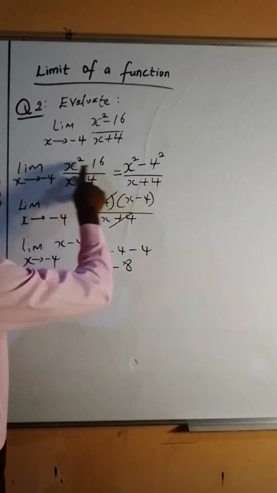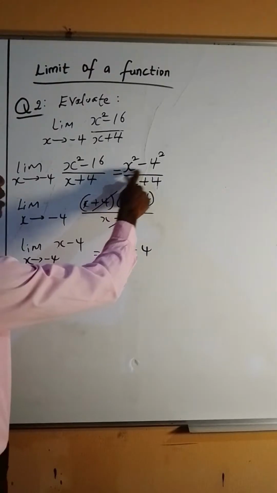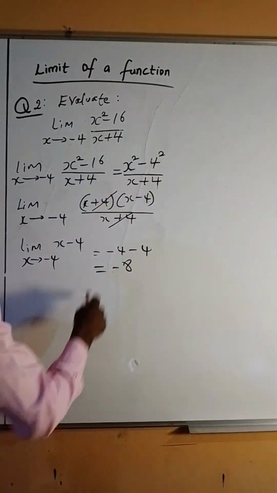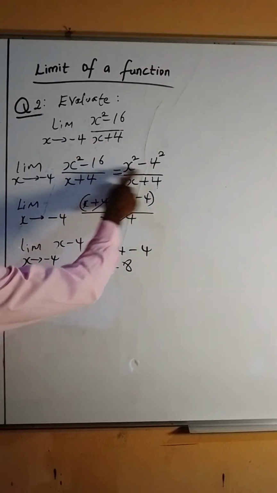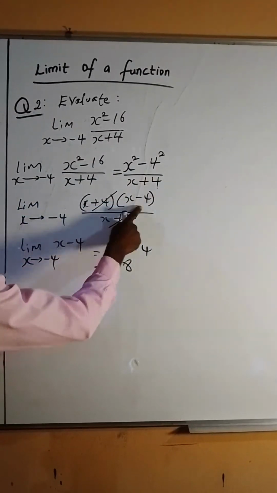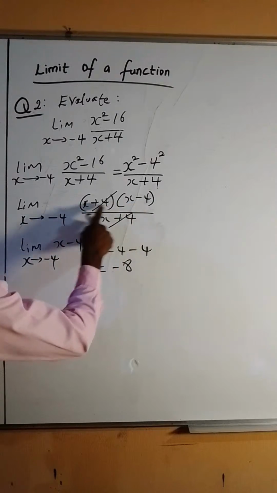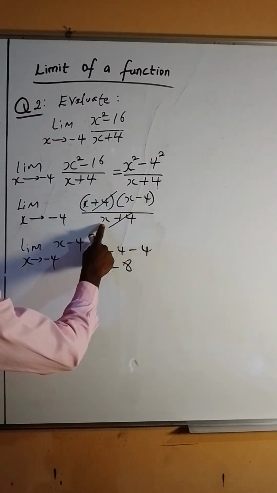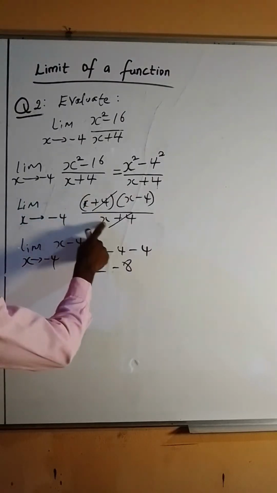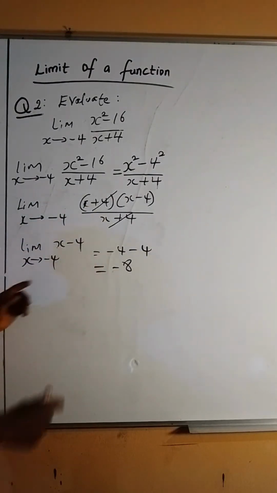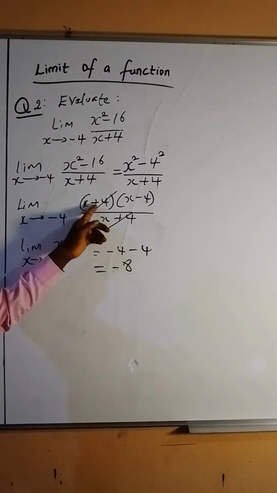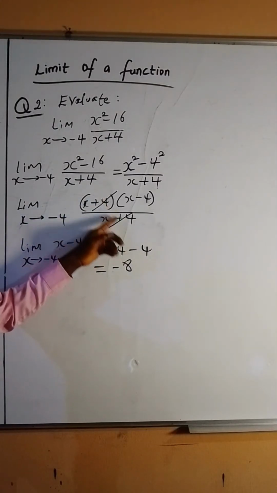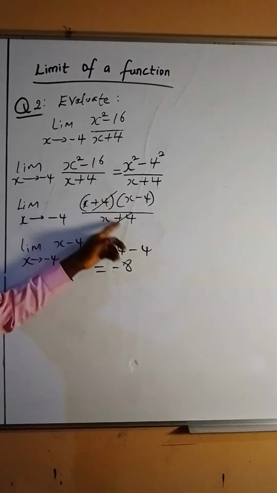Before factorizing this, we have to understand that this is a difference of two squares. You can see that 16 is 4 squared. The difference of two squares is factorized in this manner, then divided by what we have at the denominator. Now we can see that we have a common factor here, so we strike out these two.